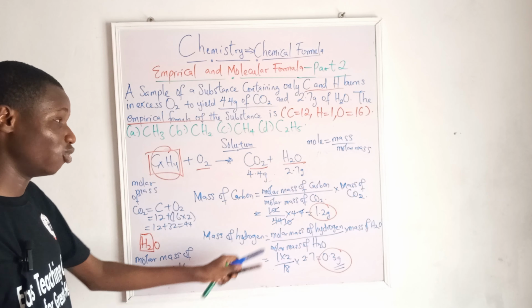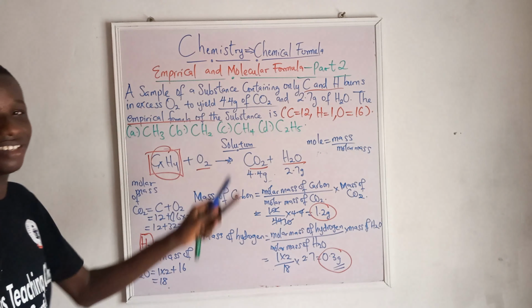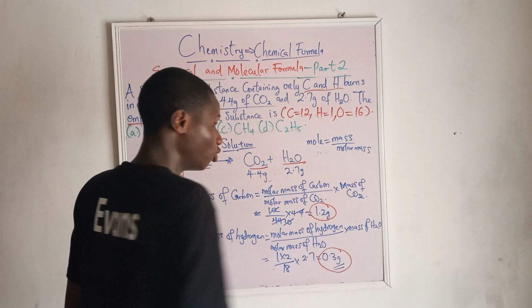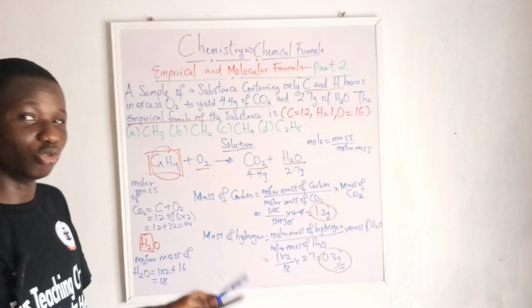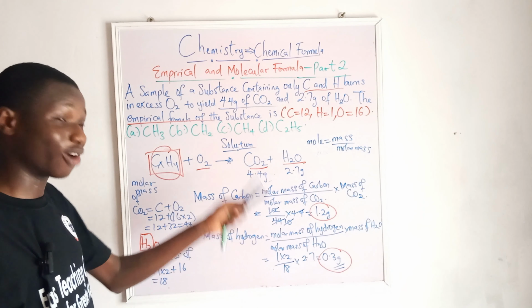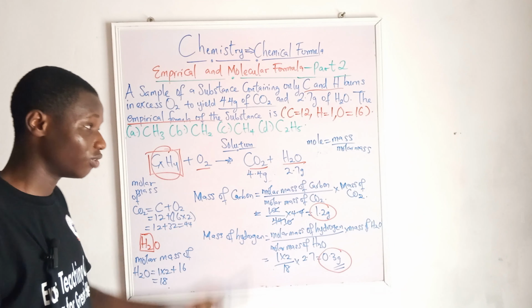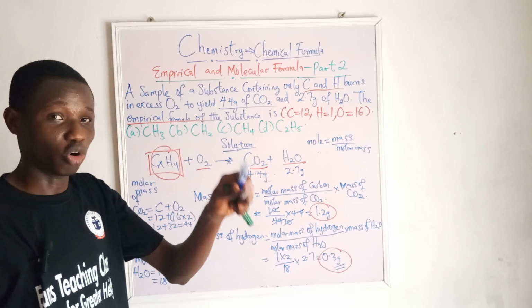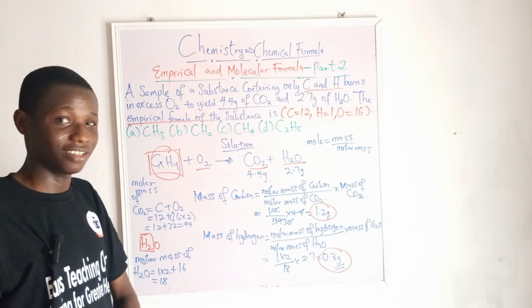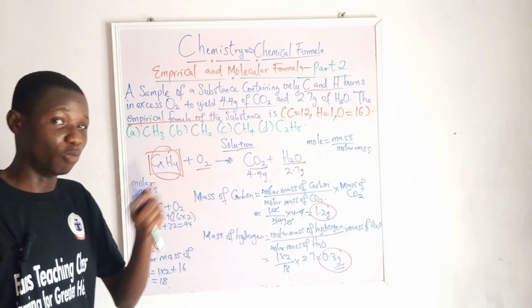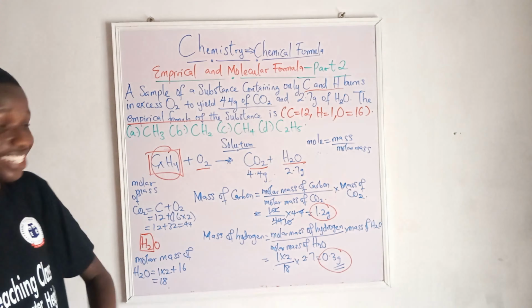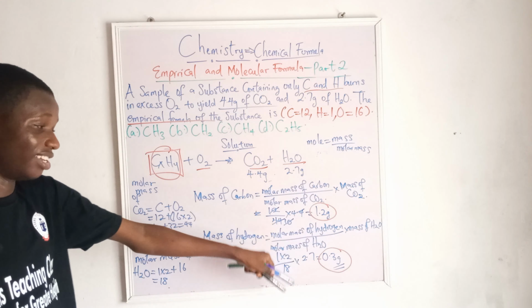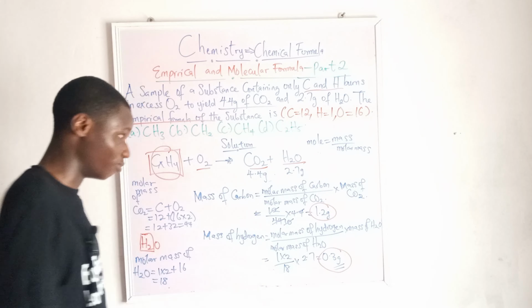If they don't give you percentage mass composition and you have mass, you are going to follow the same procedure we followed. In the first part I told you that you divide the percentage composition by the molar mass, right? Then you get your mole ratio. Then you divide by the smallest. The same thing we used in that first aspect, that's what we are going to do here too.